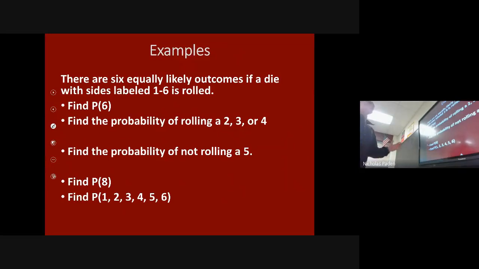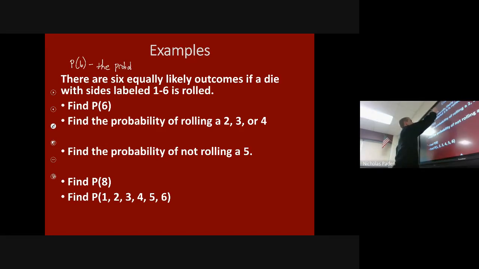There are 6 equally likely outcomes if a die with sides labeled 1 through 6 is rolled. So what this means, this P(6), that is the probability of landing on a 6.